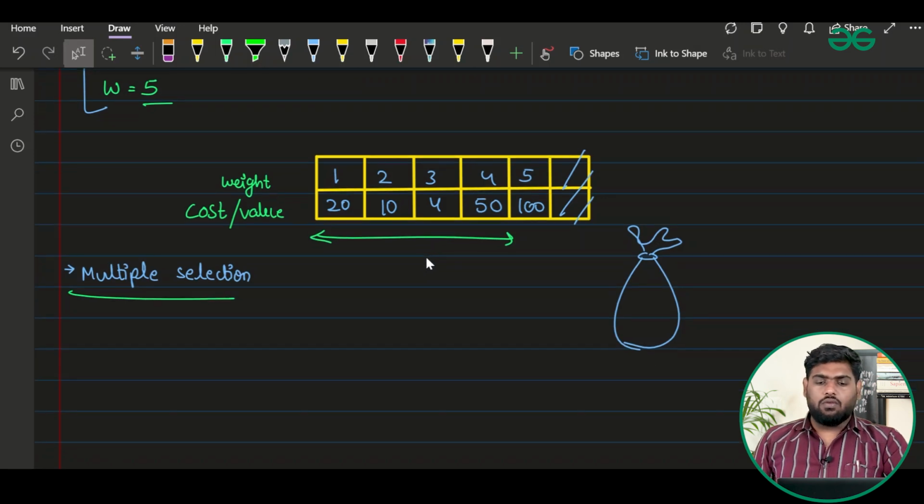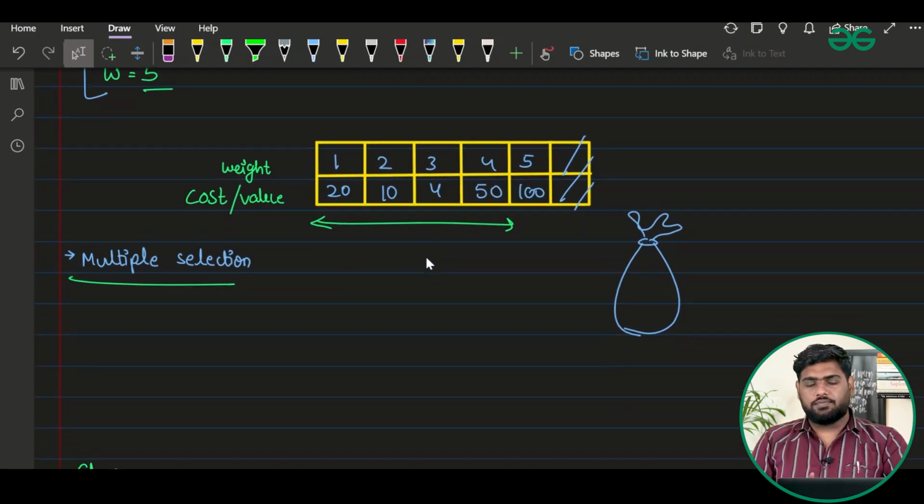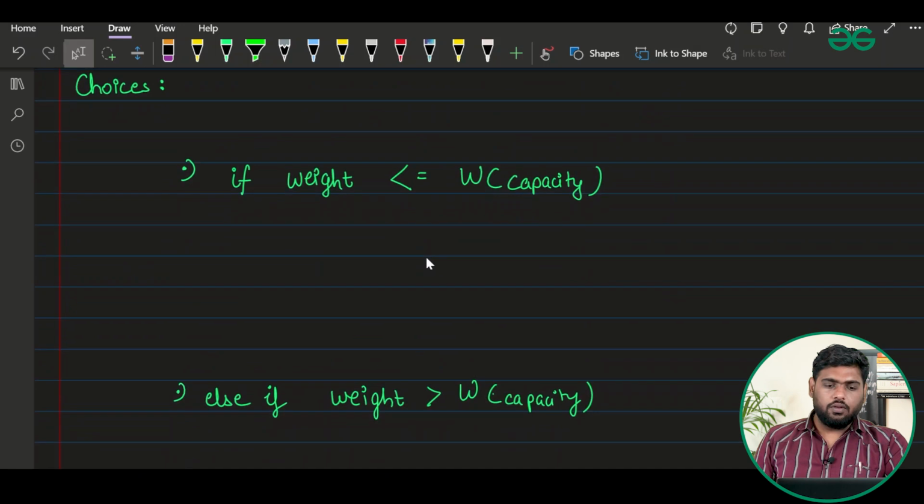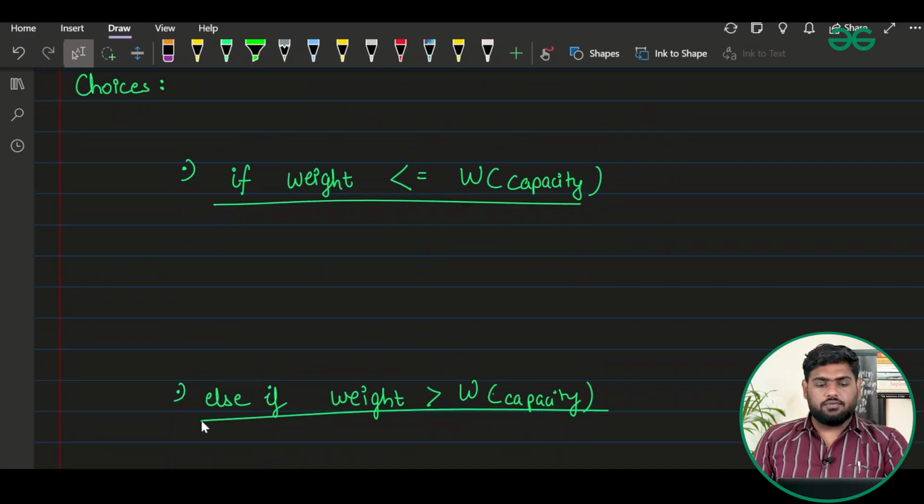Okay, now first of all, what could be a choice? There could be two scenarios. If we want to put any index or any kgs of bag in our knapsack, or you can simply say we have to buy that, what could be the two scenarios?